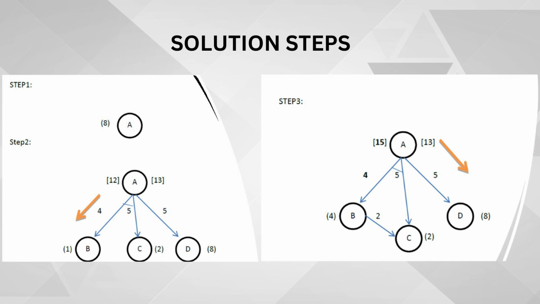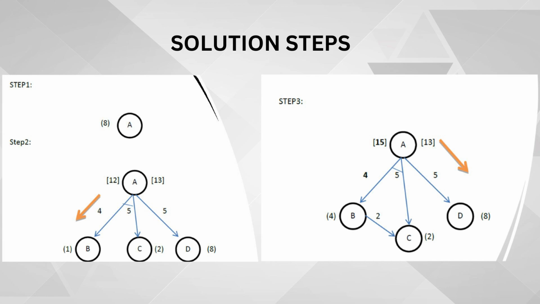We have to calculate because it is an AND node. So, we have to calculate 2 plus 1 is equal to 3 plus 4 plus 5 is equal to 12, and here on the OR side we have the value 8 plus 5 is equal to 13. So, by comparing 12 and 13 we get the 12 value, that is minimum.